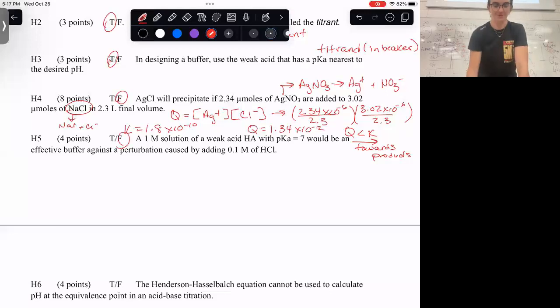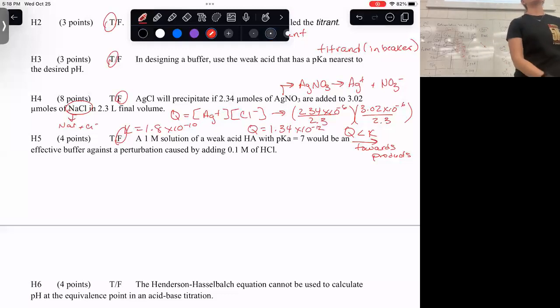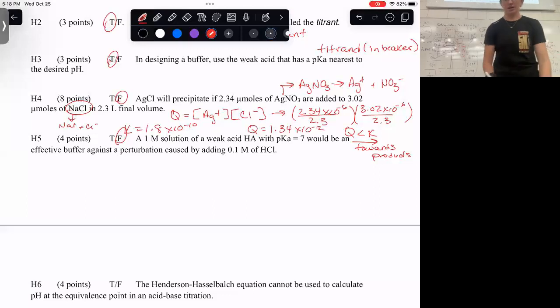Why is it false? Yep, we're adding a strong acid. Your strong acid is going to be at a pH of like 0 to even negative for hydrochloric acid. So we want a pKa closer to that lower end of the acidic range. Something at neutral or 7 is not going to be able to combat that very acidic stuff you're adding to it well. So we have a bad buffer system here.